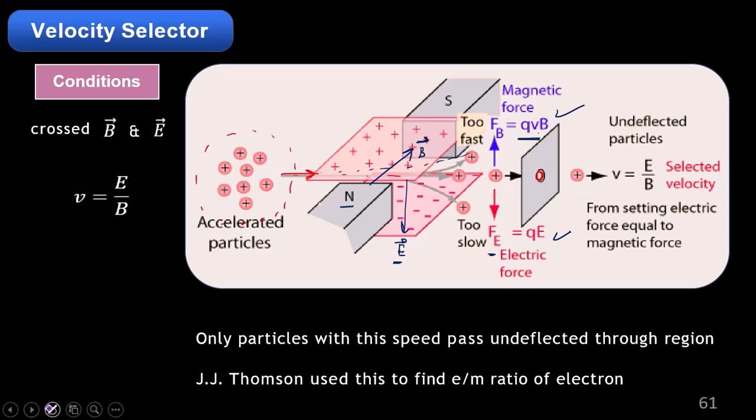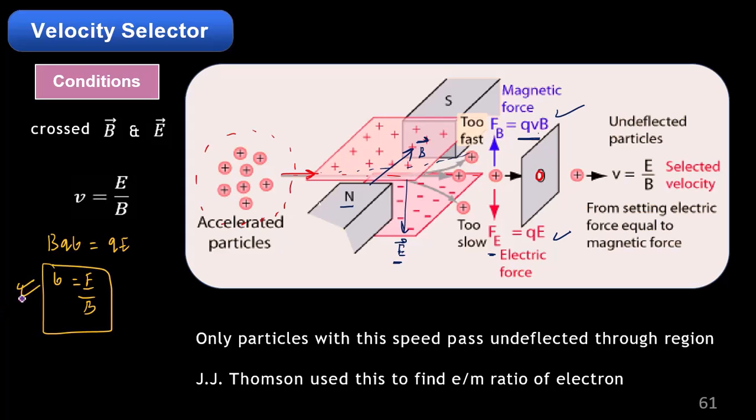So BQV equals Q into E. Q and Q cancel out, so V equals E by B. So only the particles which have this particular velocity, the ratio E by B, will pass undeviated through this region.